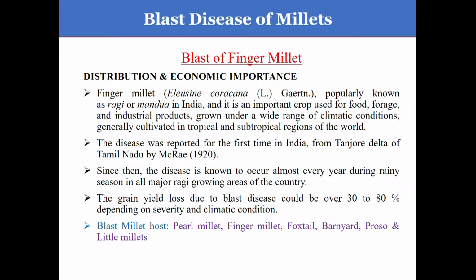The grain yield loss due to blast disease could be over 30 to 80% depending upon the severity and climatic conditions. The host range includes pearl millet, finger millet, foxtail millet, barnyard millet, proso millet, and little millet, which also get affected by this blast pathogen.